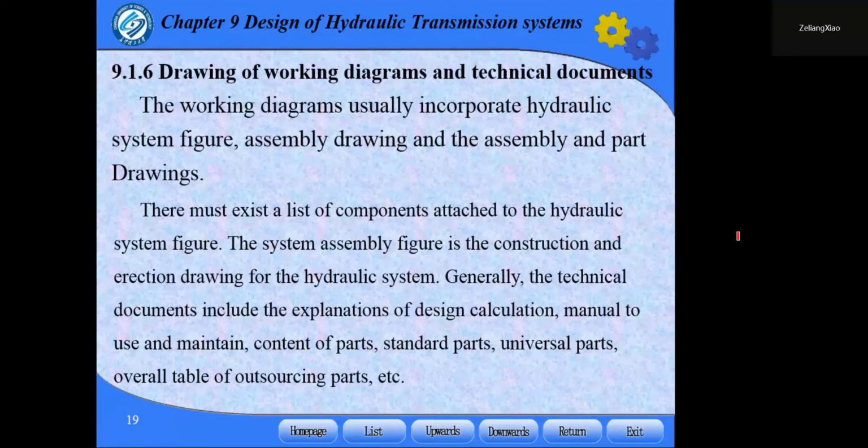The system assembly figure is the construction and erection drawing for the hydraulic system. Generally, the technical documents include the explanation of design calculation, the manual for use and maintenance, and a table of all parts, standard parts, universal parts, and outsourcing parts.